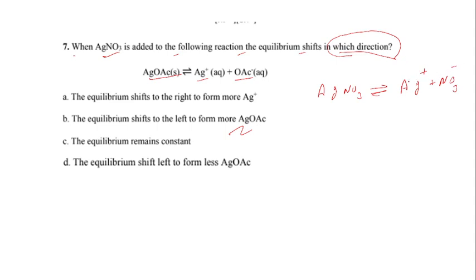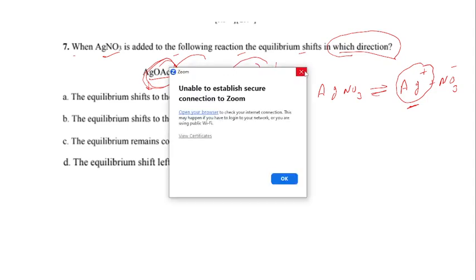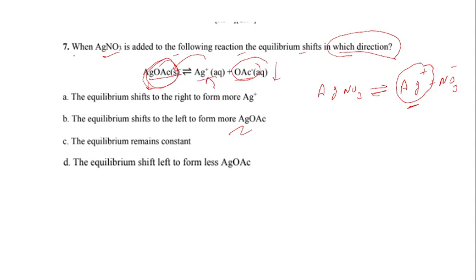So now you are going to add silver concentration, meaning product concentration, here. So obviously equilibrium will shift toward left hand side or backward side. So more AgOAc, or you can say the salt, will precipitate more. And the concentration of OAc will also decrease. Why is it decreased? Because your equilibrium shifted toward left hand side.